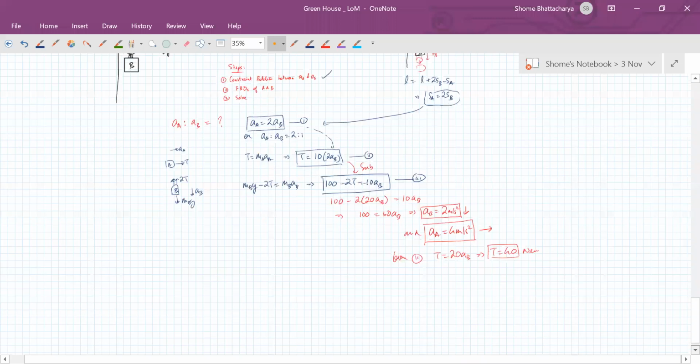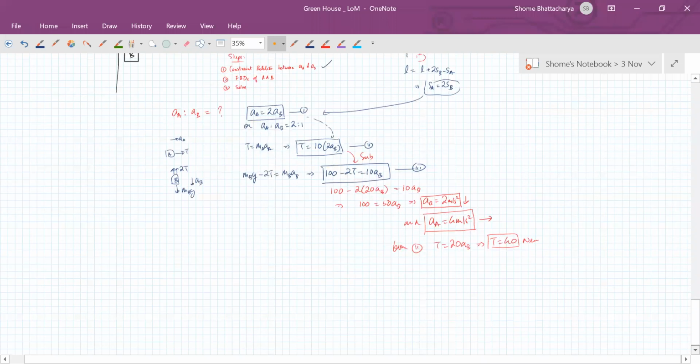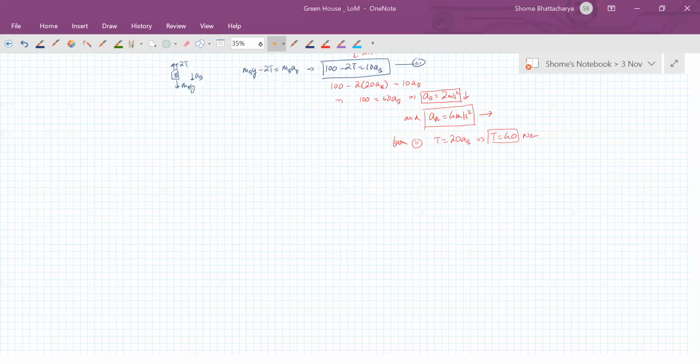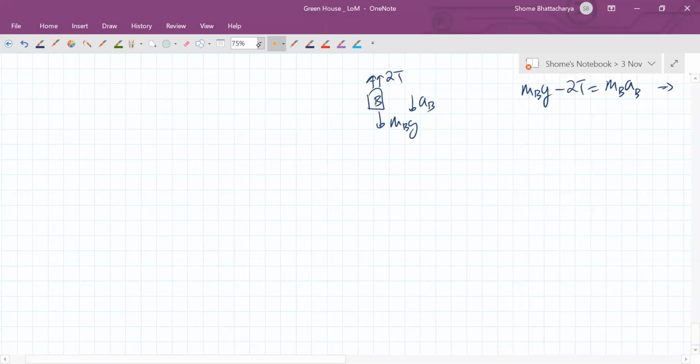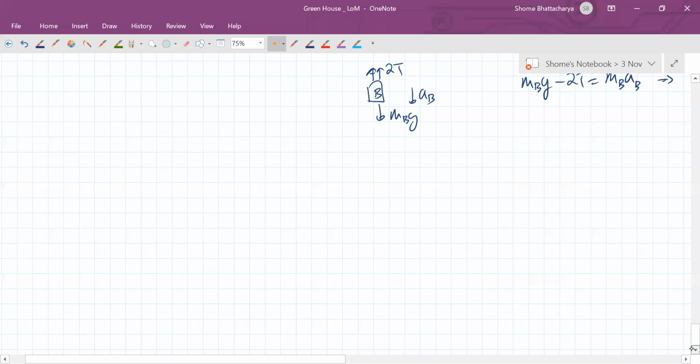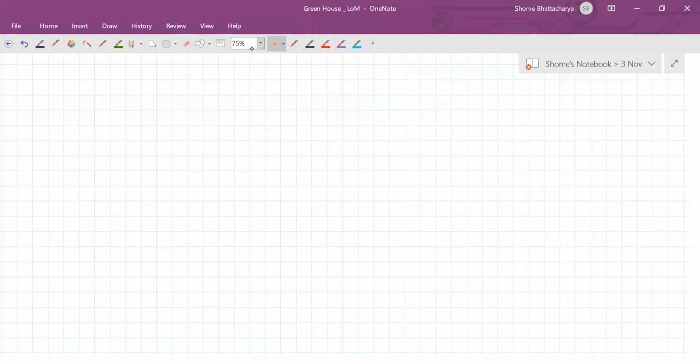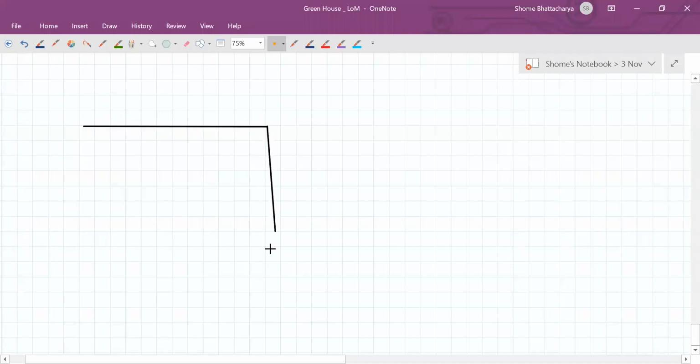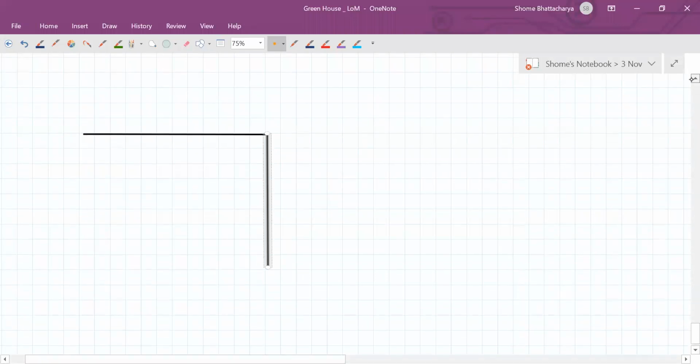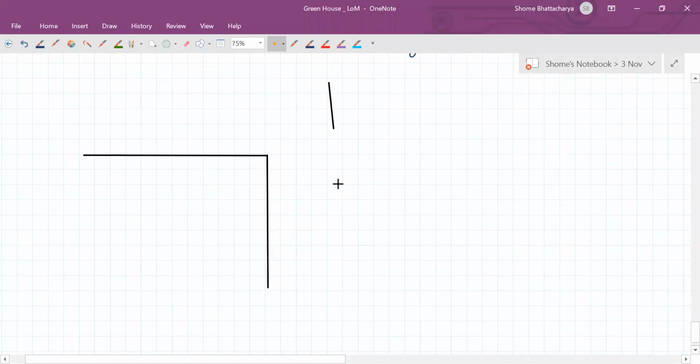So we will do one more problem of this type before I discuss some questions from the workbook as well as the assignment earlier. The next one we are going to discuss is going to be a little bit more complex compared to this one. So we have this kind of a situation.